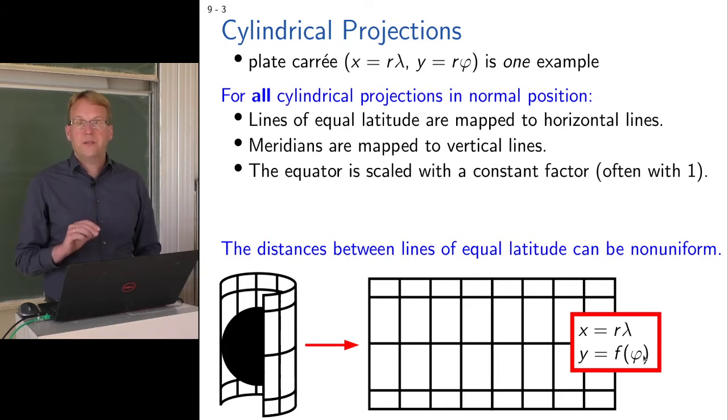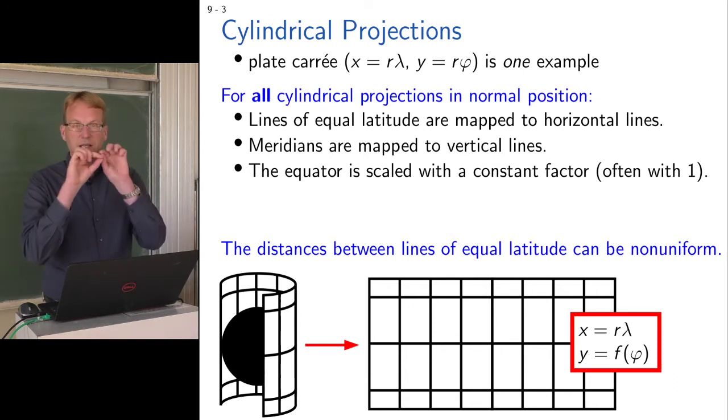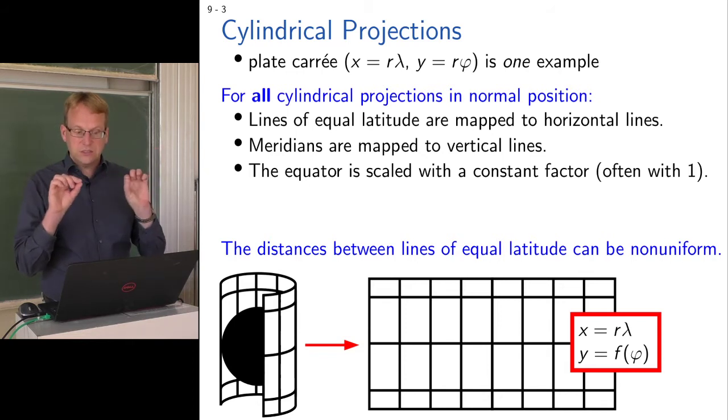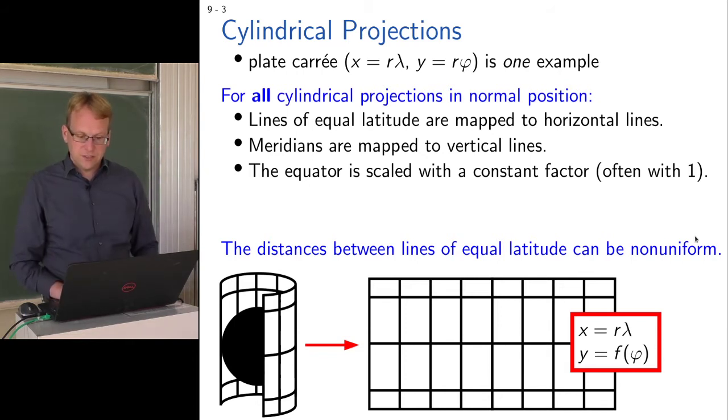So every point with the same latitude will receive the same y value, meaning just lines of equal latitude are mapped to horizontal lines. That is exactly this property here. Well, and the third property, the equator is scaled with a constant factor, often with 1. That results from this first equation as well.